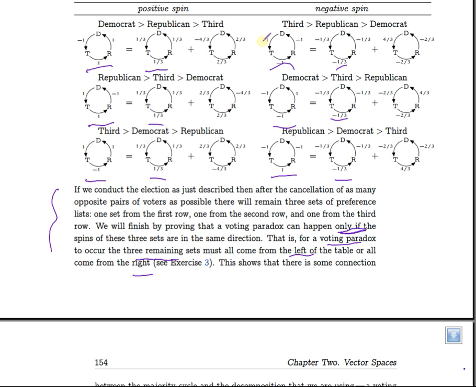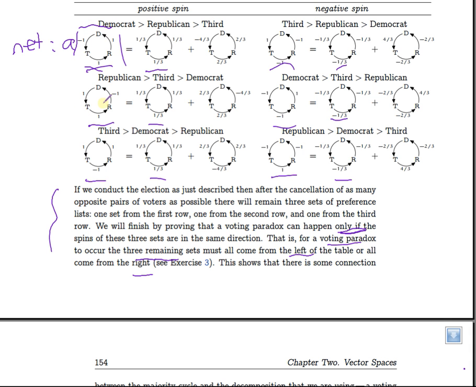So I might as well add these 2 together first, and the ones that disagree will cancel out. So I'll say the net result of the sum of voters with these preferences and these preferences is going to give me A times this cycle here.